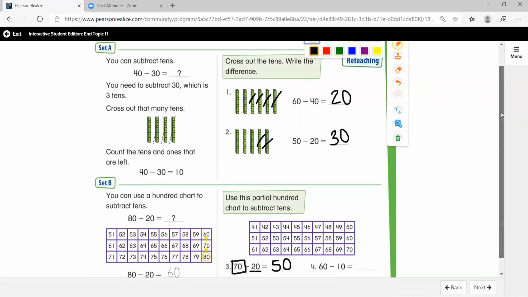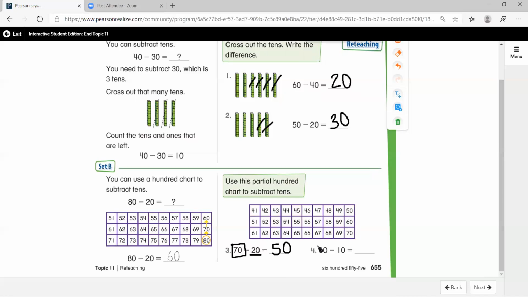In number 4, we're starting at our first number, which is 60. So I'm going to find it on the hundreds chart. We want to subtract 10. If you look at the number 10, we have a 1 in the tens place. So this is 1 group of 10.